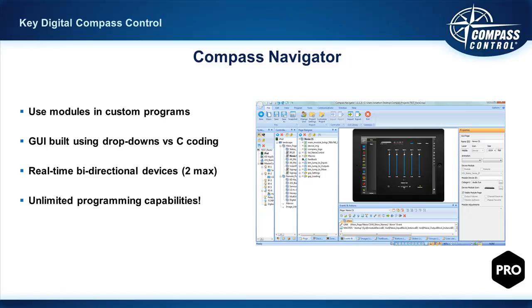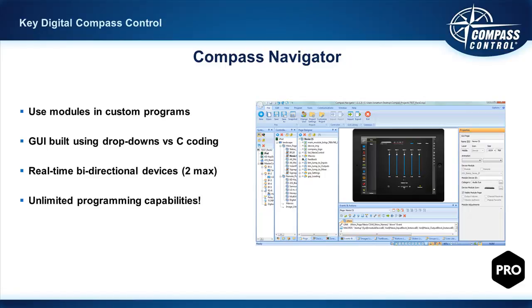So you could grab a hold of an object like a group and you could manipulate its property on a button, for example, or even on a variable, any event in action. You could call things, whether it be a command or a graphical item, and then it's all drag and drop, drop down menus. It is not C coding. The only place you do C coding is in the bidirectional drivers.